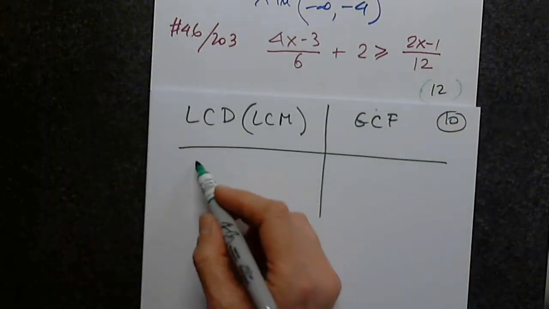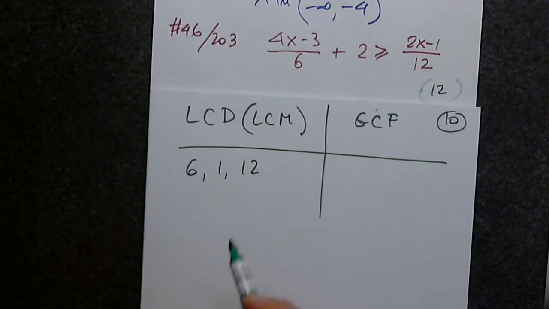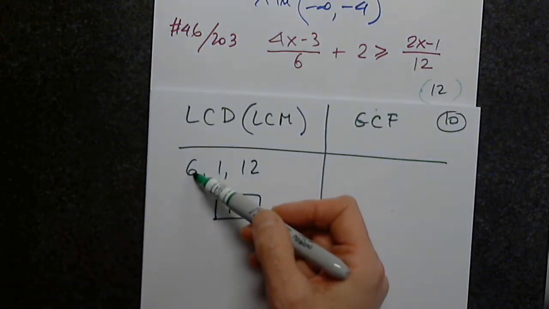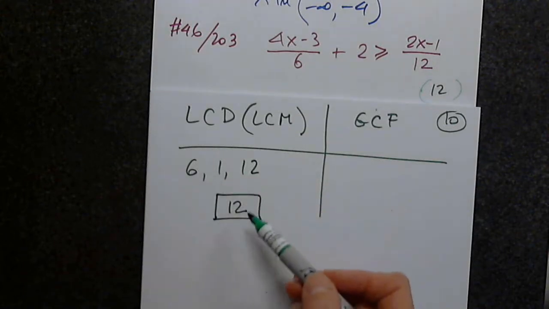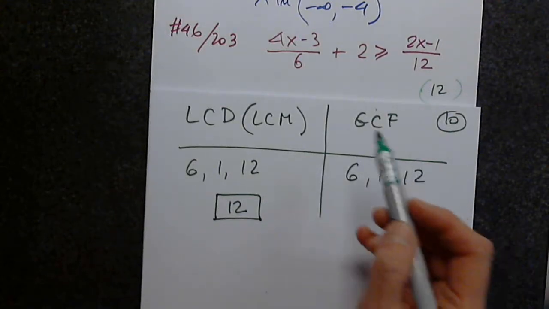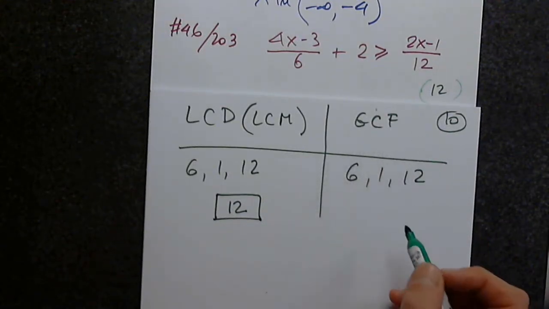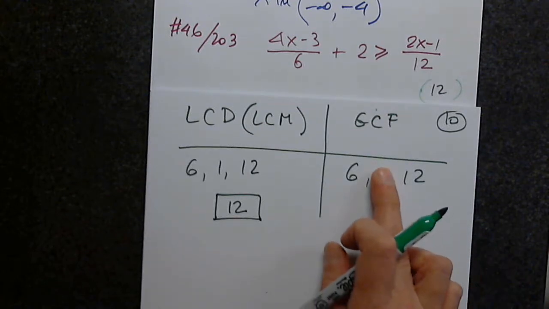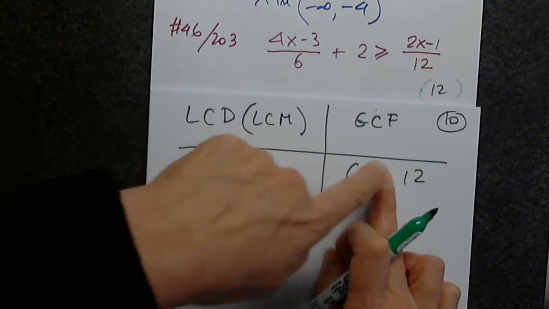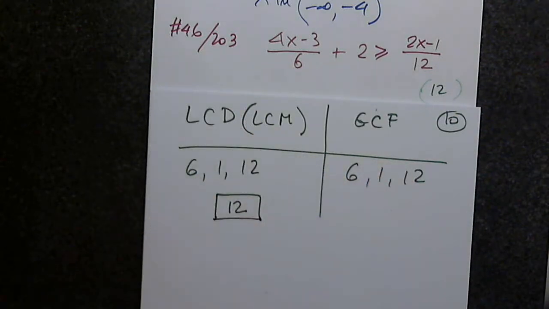So if I have 6, 1, and 12, I'm looking to find the smallest number that is divisible by 6, is divisible by 1, and is divisible by 12. Now, if I have 6, 1, and 12, and want to find the greatest common factor, maybe I shouldn't even put the 1 in there because then I will not have a common factor, right? So if I have only these two, I'm going to erase the 1. So what is the greatest common factor of 6 and 12? The concept is, what is the biggest number that 6 and 12 can be divided by?